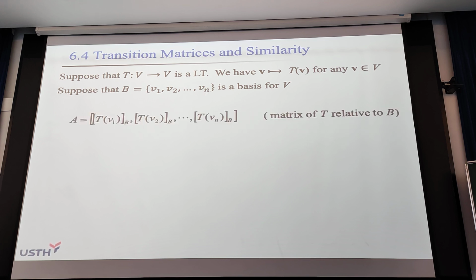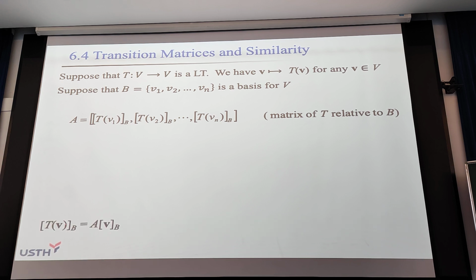Then the matrix of T relative to B will be that one. We need to compute T of V1, T of V2, up to T of Vn, and we write the coordinate columns relative to the same basis B, and A is formed by putting the columns side by side like that. That is the matrix of T relative to B, and obviously that one is a square matrix of order n.